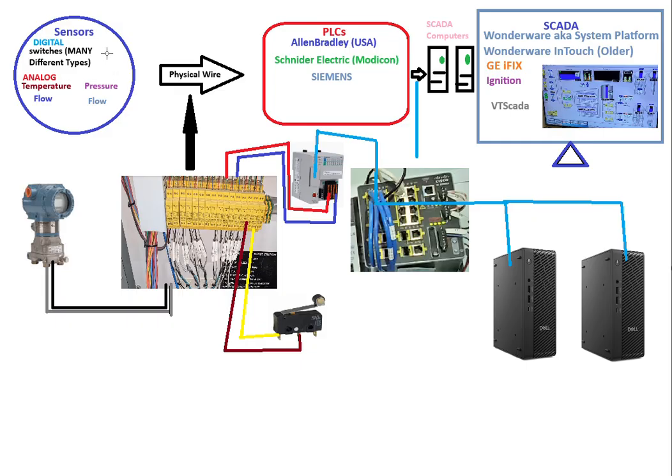So all your signals start with either discrete switches in some device, like an actuator or a motor starter, some type of switch that falls under the binary or discrete input signal, which wires to a terminal block to your PLC.